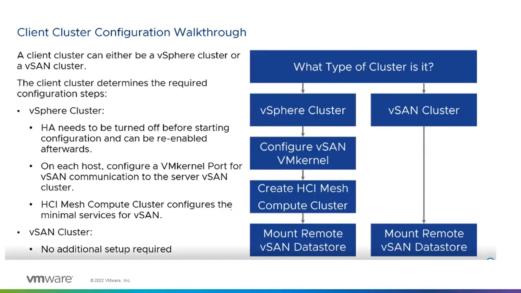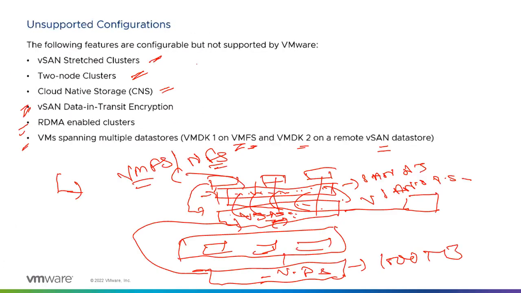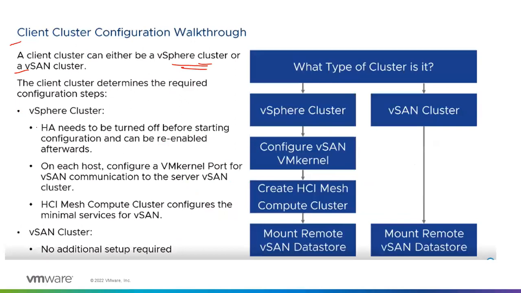So when we say server to client cluster configuration, a client cluster can either be a native vSphere cluster, the one we're talking about here, or an already vSAN enabled cluster. The client determines the requirement. HA needs to be turned off the moment you are enabling vSAN.